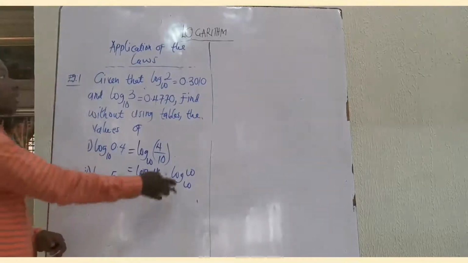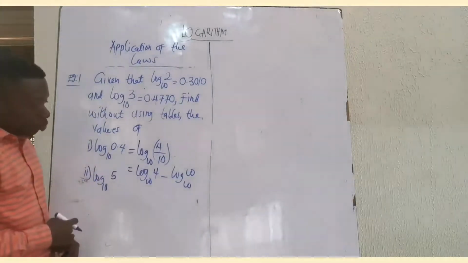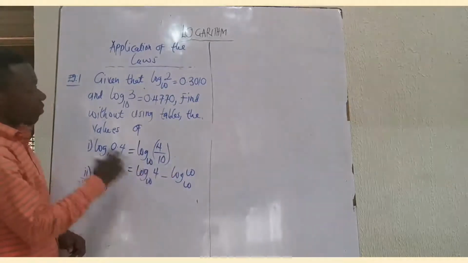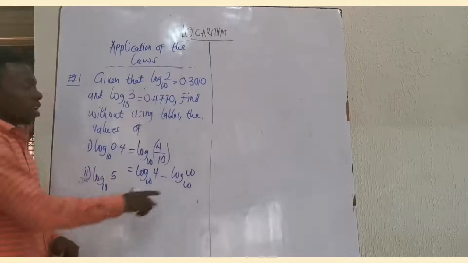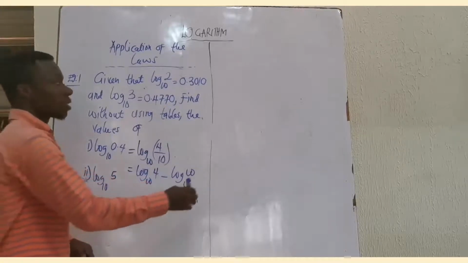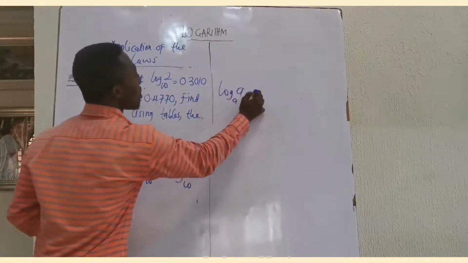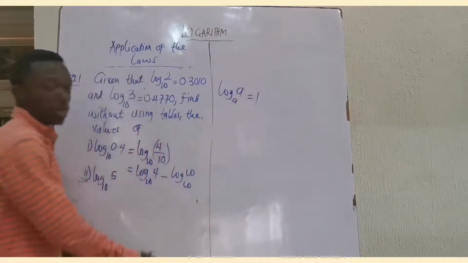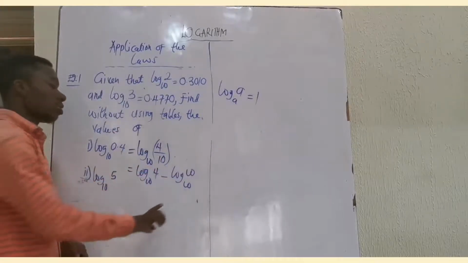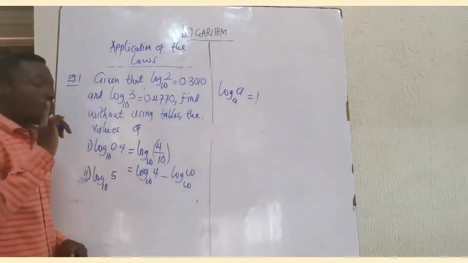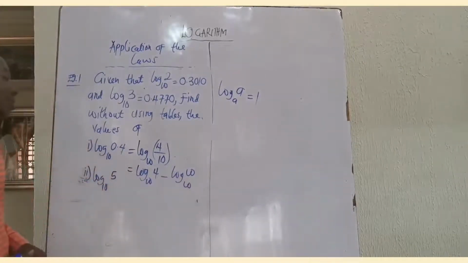Alright, so once you're able to get this, then you are on the road to go. So now I have log 4 to the base of 10 and log 10 to the base of 10. If you remember the properties of logarithm we discussed, we said if I have log of a to the base of a, it's going to give me 1. Likewise, here I have log of 10 to the base of 10, it's going to give me 1.